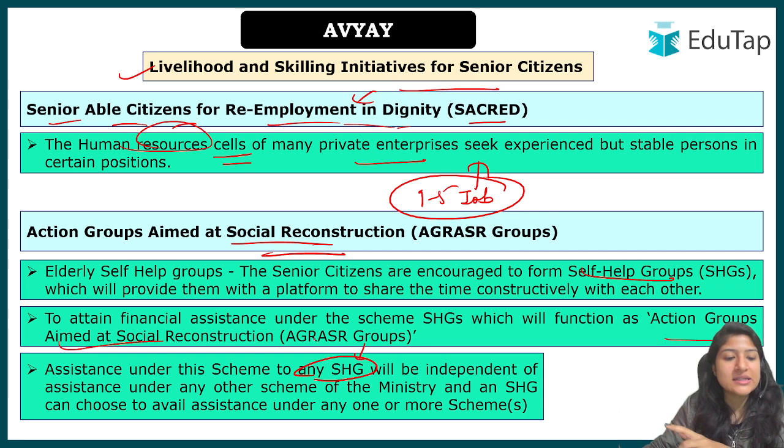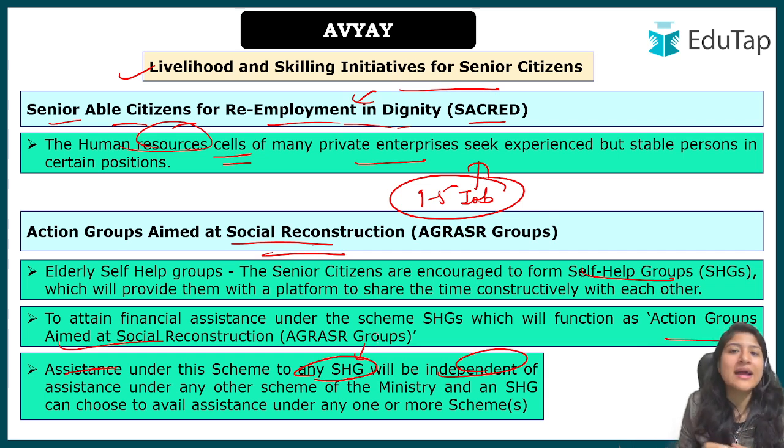For the SHGs, whatever assistance will be provided, it will be independent, meaning it will not be included in some other assistance that has been provided. For example, I am a senior citizen, I have taken benefit of some other social security scheme for senior citizens. Now that will be excluded, that will be different, and whatever money I take under the SHG will be different.